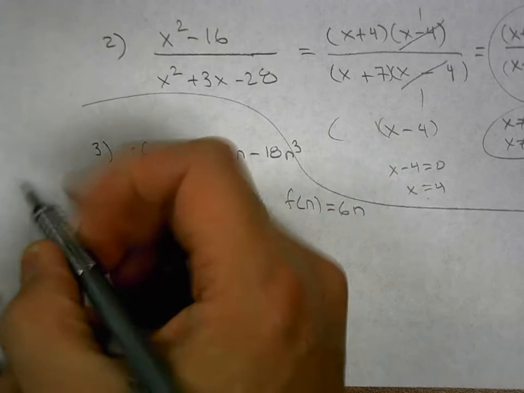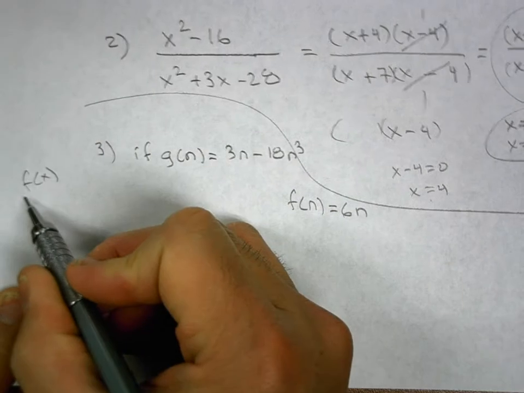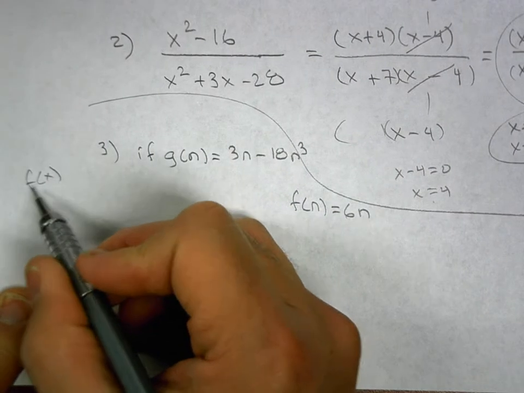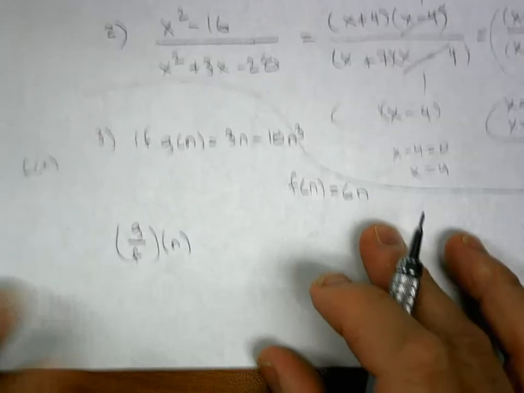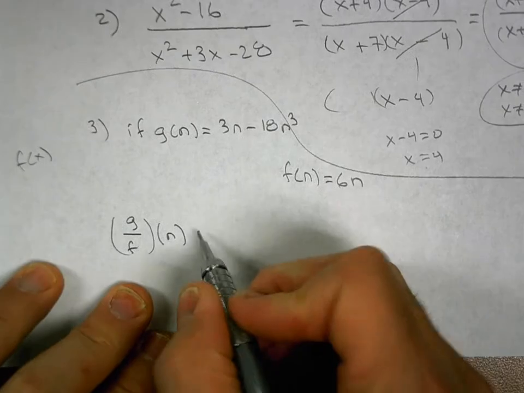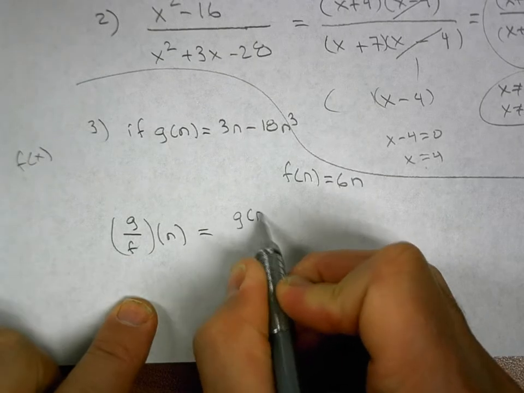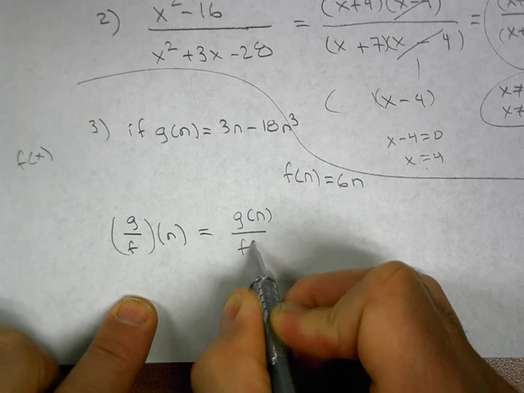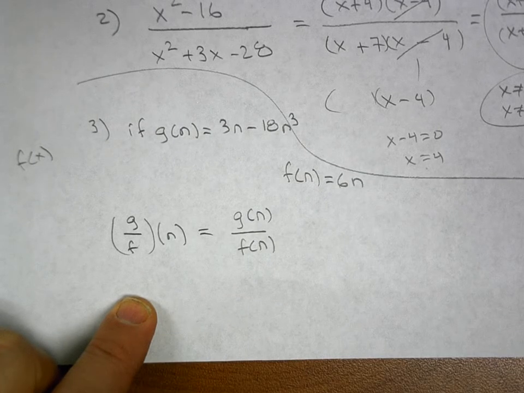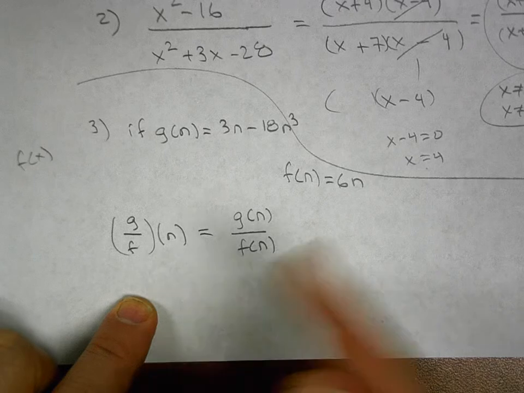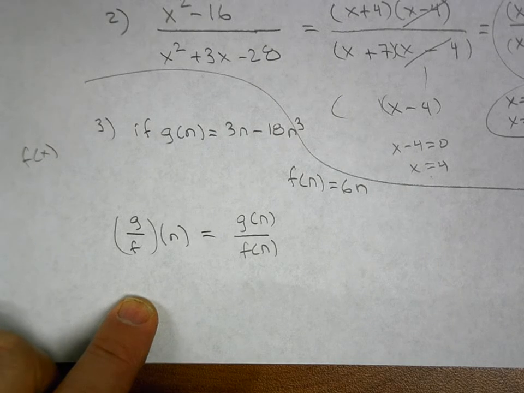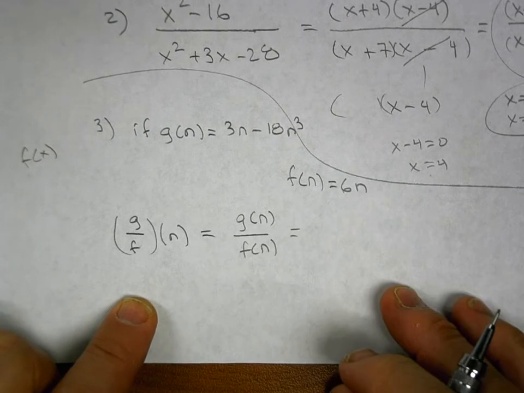Just like f of x, that's not f times x, that's just f of x. So if I rewrite this, this is what it means: g divided by f, so it's g of n divided by f of n. Nothing tricky, that's just what it means. And so let's write it out and simplify it.